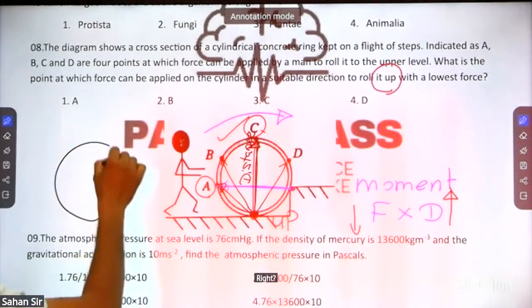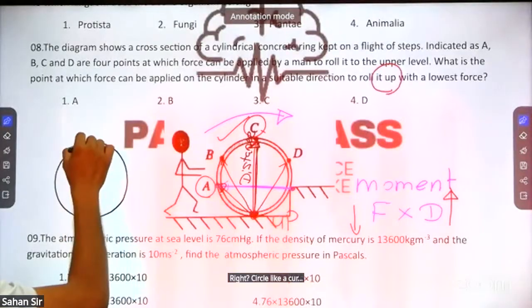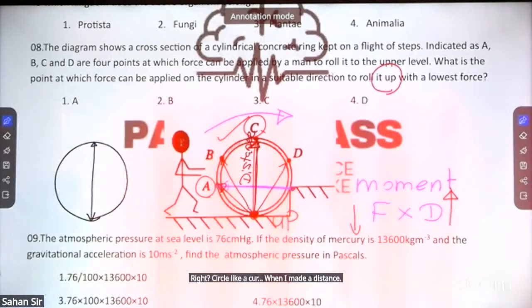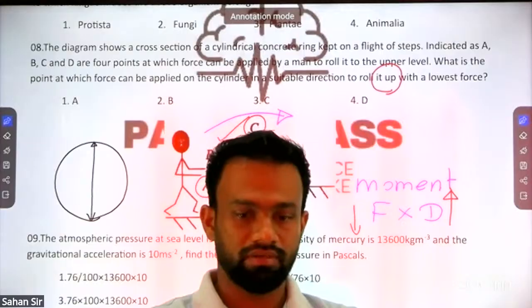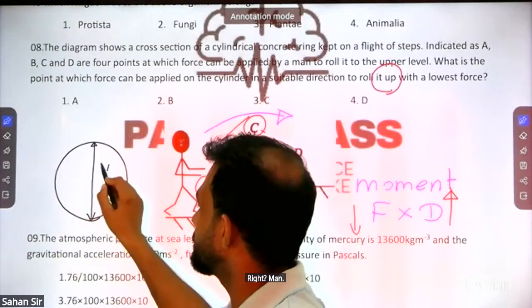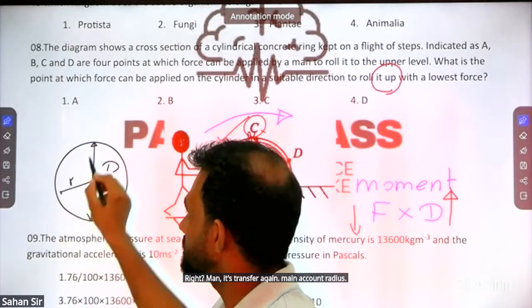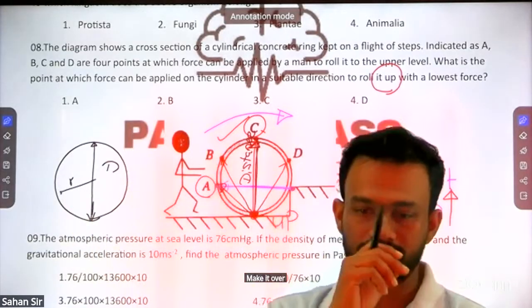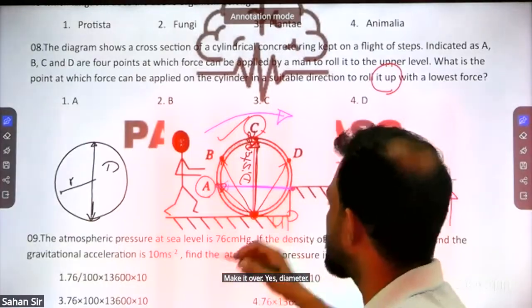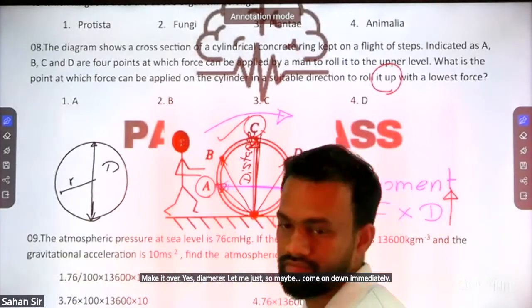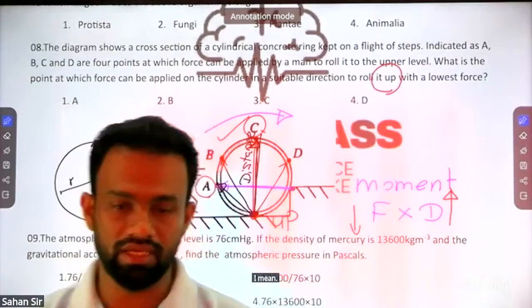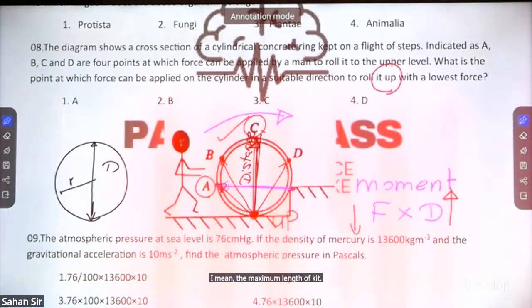Circle එකක් when මේ distance එකට මොකක්ද කියන්නේ? මේ distance එකට මොකක්ද කියන්නේ? මේක නම් radius. මේක මොකක්ද? Yes, diameter. So මේක තමයි diameter. Diameter එක තමයි maximum length එක කියන්නේ. Right. So answer is C.